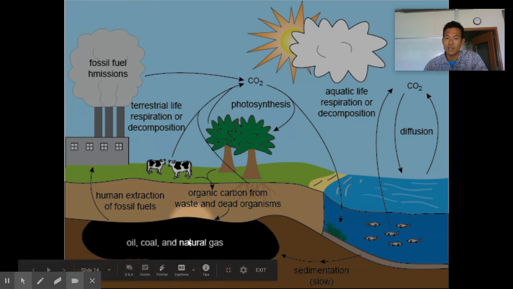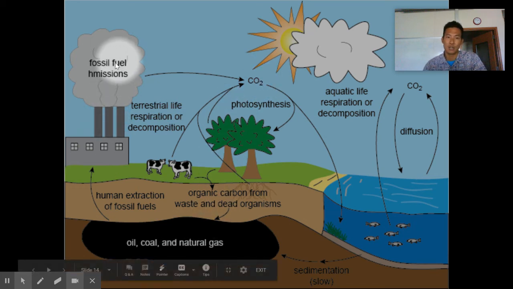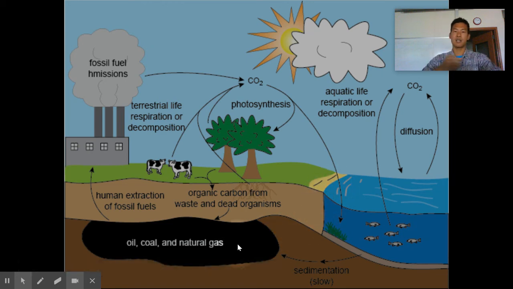Naturally, this stuff takes tens of thousands of years to come back up and get into our atmosphere in the form of carbon dioxide. So we are doing in 200 years what should take the planet naturally tens of thousands of years. Now, what is this doing to the environment, to the planet?